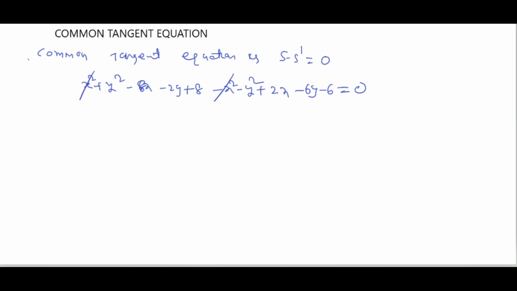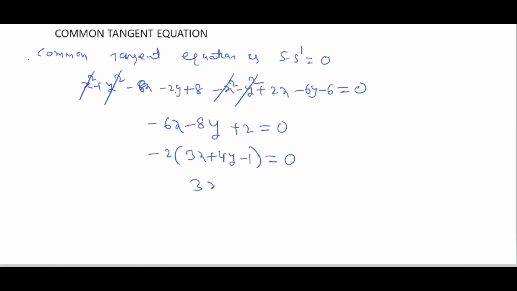Here x square cancels, y square cancels, minus 8x plus 2x, that is minus 6x, minus 2y minus 6y, that is minus 8y, 8 minus 6 plus 2 is equal to 0. Take minus 2 common, that is 3x plus 4y minus 1 is equal to 0. Therefore the equation of the common tangent is 3x plus 4y minus 1 is equal to 0.